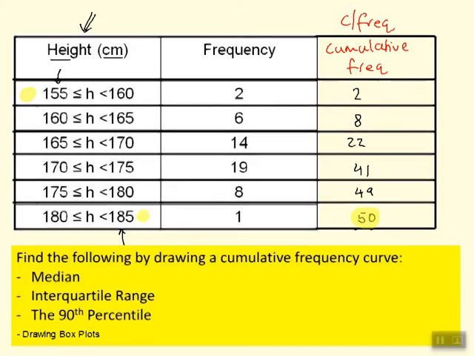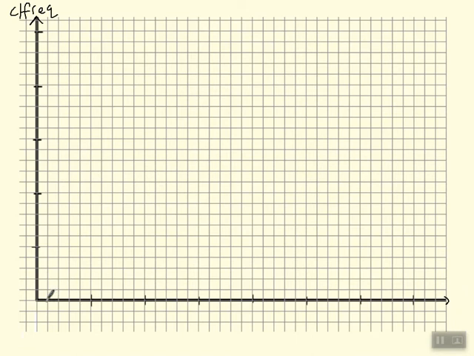So let's say we'll have 0 in the corner here, and then we'll do a little squiggle, and we'll label this heights, measured in centimeters. Always label your axes. We'll have the first one as 155, and then 160, 165, 170, 175, 180, 185.